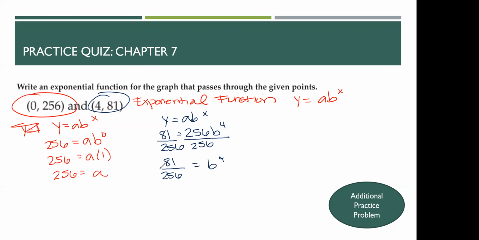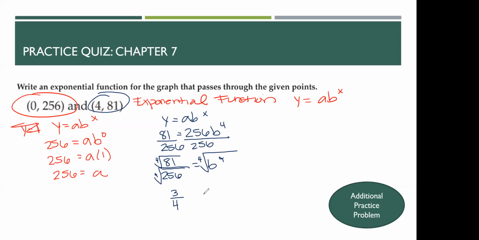Okay, so then I'm going to take the 4th root of both sides, and I need to do that to my numerator and my denominator. The 4th root of 81 is actually 3, because 3 times 3 times 3 times 3 is equal to 81. And the 4th root of 256 is actually 4, because 4 times 4 times 4 times 4 is 256.